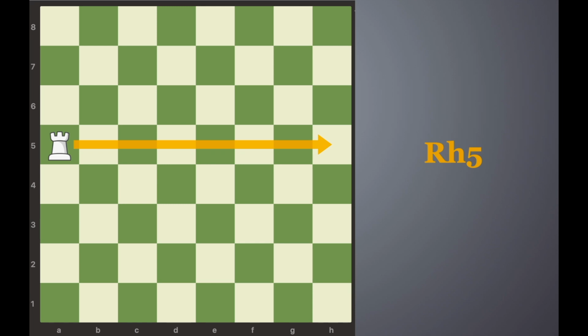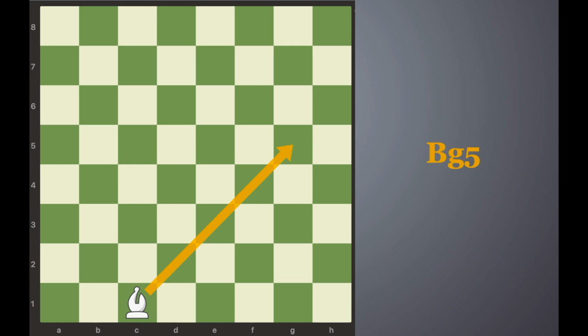Remember that square names are always written in lowercase. Similarly, the move of a bishop to the g5 square is written as Bg5, where B is capital and g5 is small.